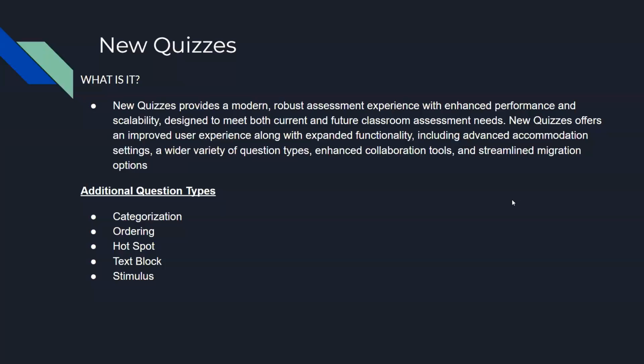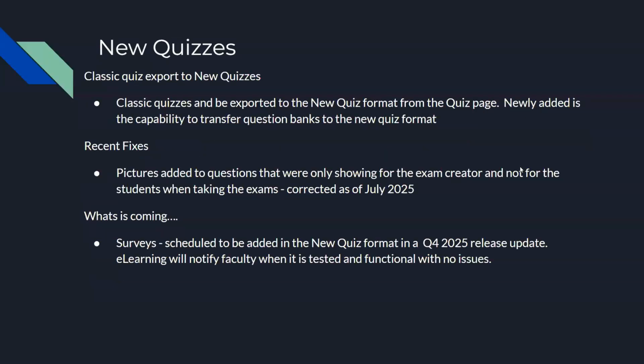One of the big things that has happened over the last, I'd say, 6 or 8 months is being able to export your classic quizzes to the new quiz format. Prior to the last 6 months to a year, you weren't able to do that. They had no way for you to move all the information from your classic quizzes, and if you're using classic quizzes with item banks, over to the new quiz format.